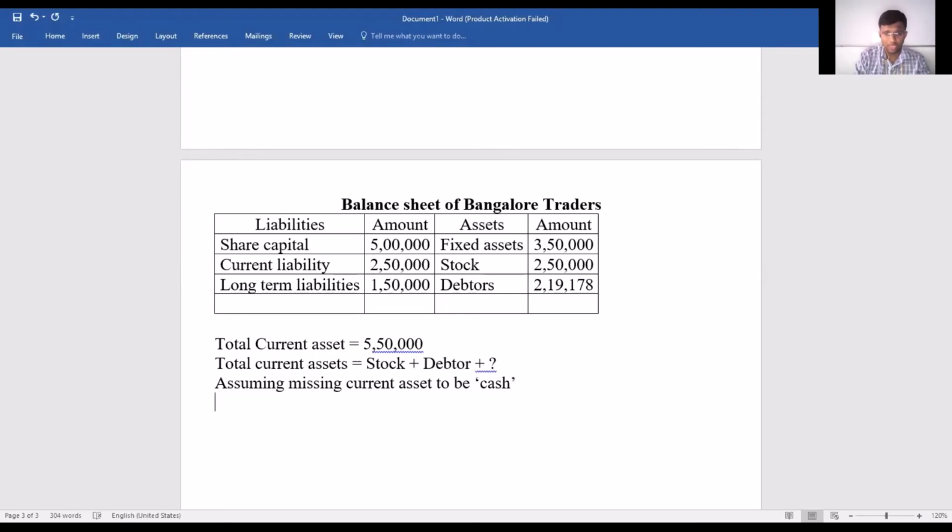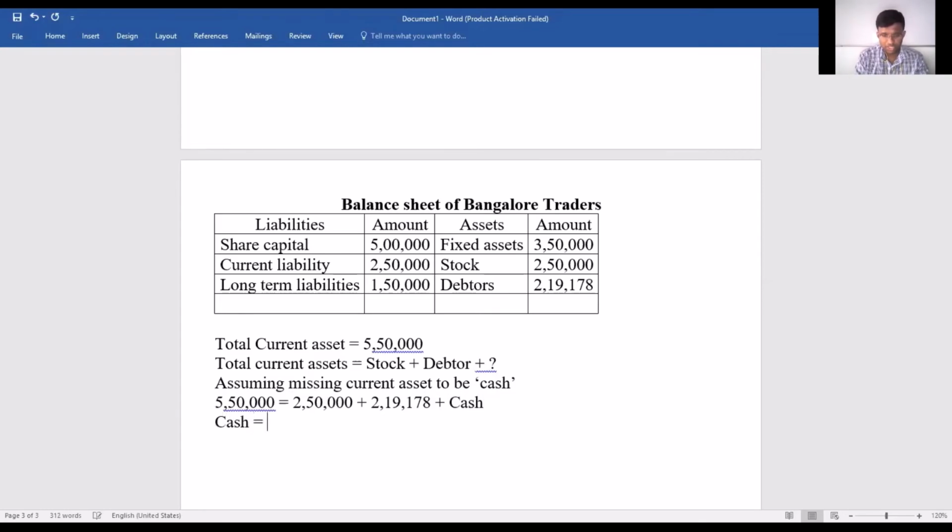Now we know that the total current asset is 5,50,000. This is the sum total of 2,50,000 plus debtors, which we know is 2,19,178, plus cash.